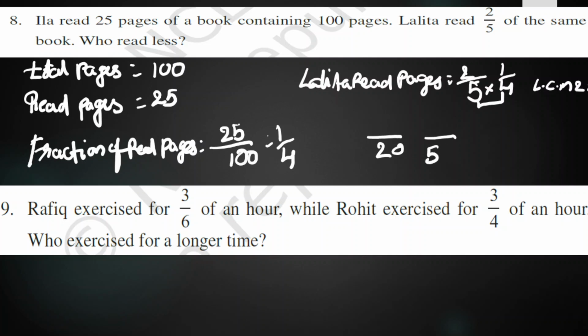This 5 into 4 is nothing but 20. So we need to multiply both the numerator and denominator with the same number. So 4 into 5 is nothing but 20. So now the fractions become 8/20 and 5/20.